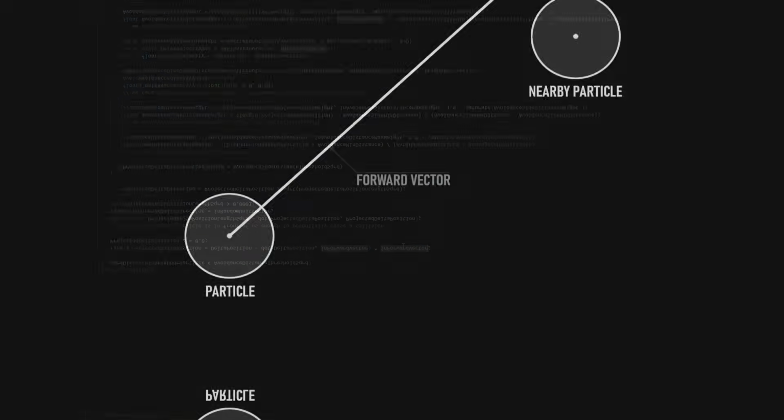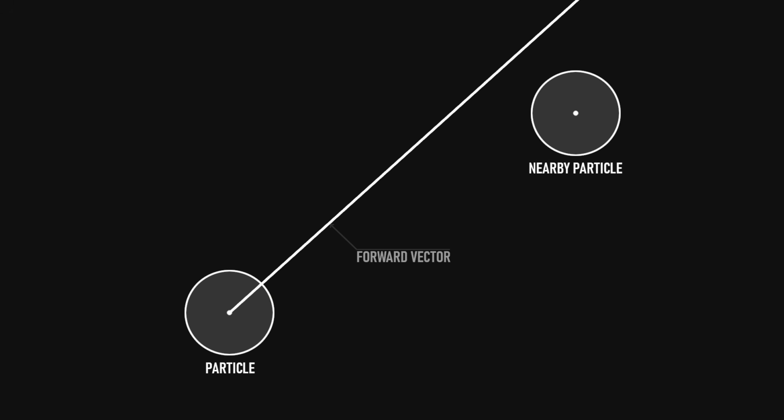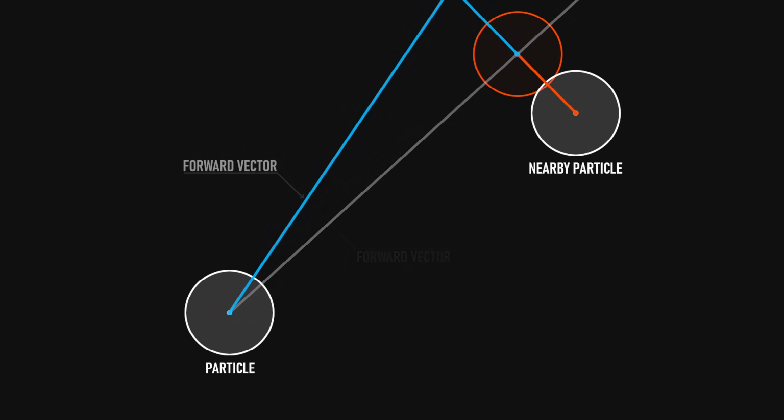It's kind of like raycasting forward, and if the other particle is too close to that ray, it means it's in our path and should be avoided. And the resulting offset can be used to deviate the forward vector, causing the particle to turn away from the incoming particle. It's a bit of a hack, and there are definitely more robust ways to handle this, but for this example it does the job.